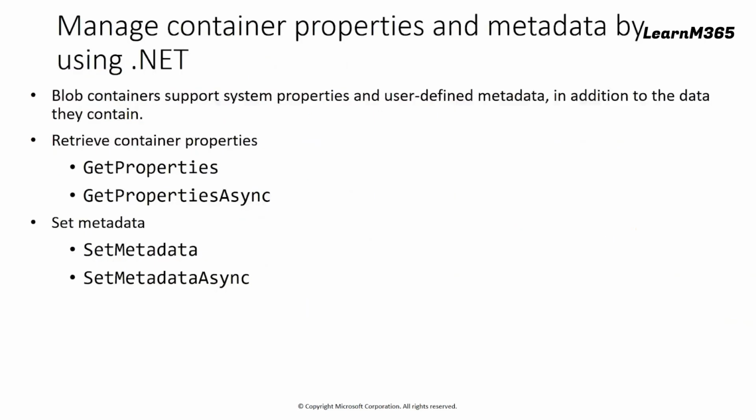Now, manage container properties and metadata by using .NET. Programmatically, once I have the SDK with me, I can do a lot of things. I can connect to the container, get the container, see its properties, delete its properties, update its properties. So I can manage the properties and the metadata which is associated with the container.